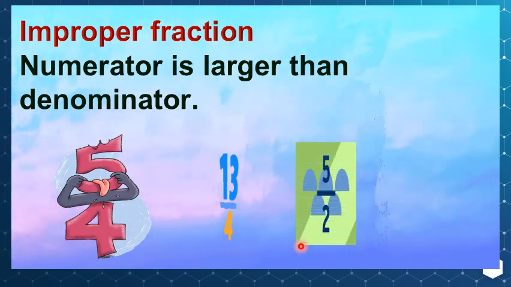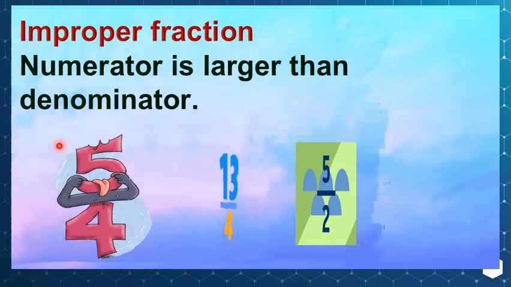In the third example, it is also an improper fraction because its numerator is larger than its denominator. So what are improper fractions? The fraction which has a larger numerator than the denominator is said to be an improper fraction.